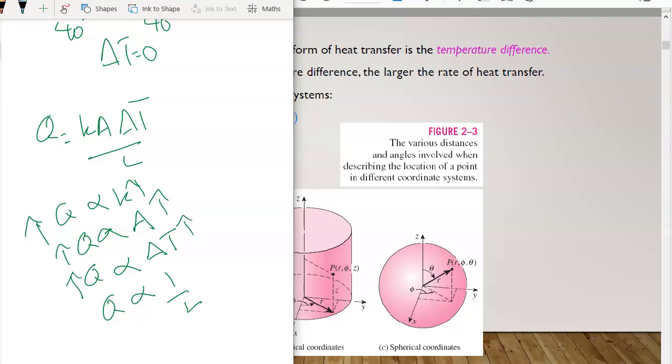If this is high, this will become low. Inversely proportional.